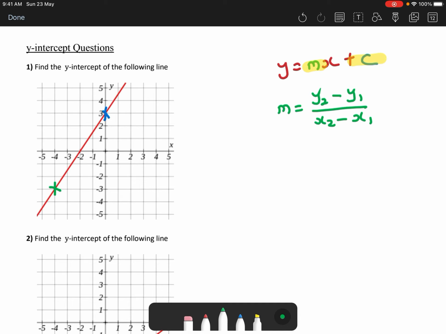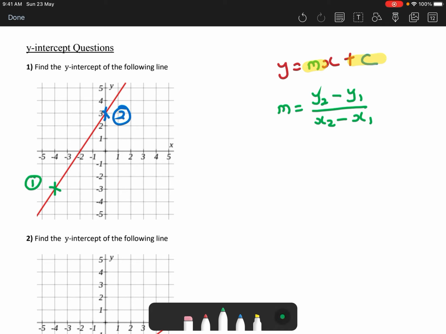Choosing point 1 and point 2 is your own choice. You can randomly do it. You can choose this as point 1 and this as point 2, or you can choose this as point 2 and this blue coordinate as point 1. Alright, so this is your choice. I will choose this as point number 1 and this as point number 2.